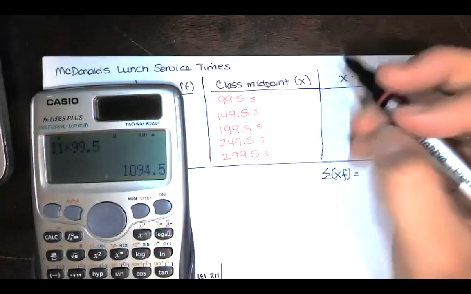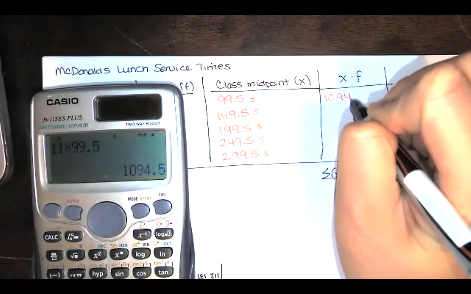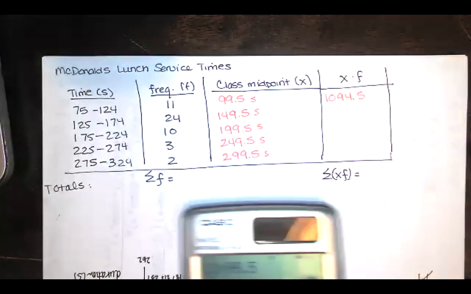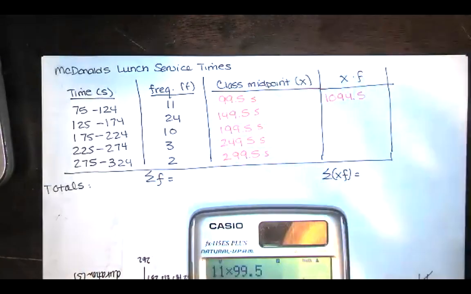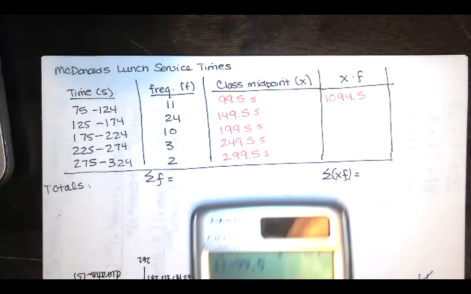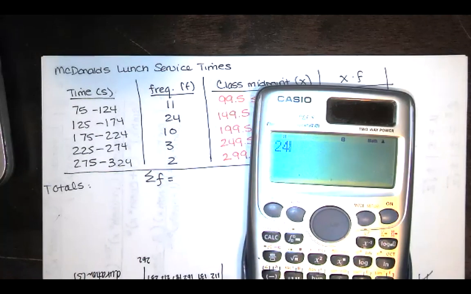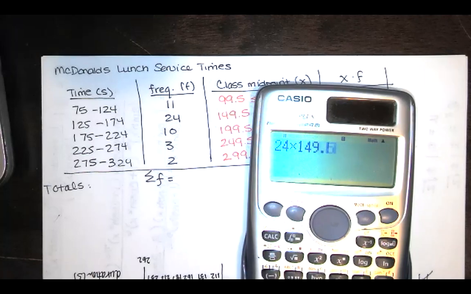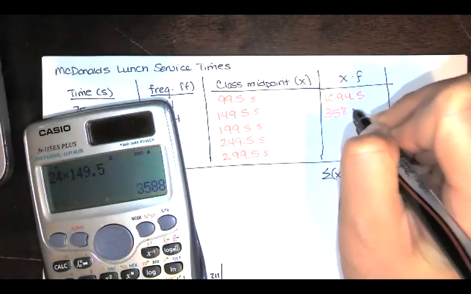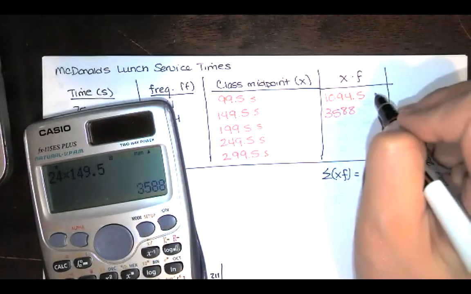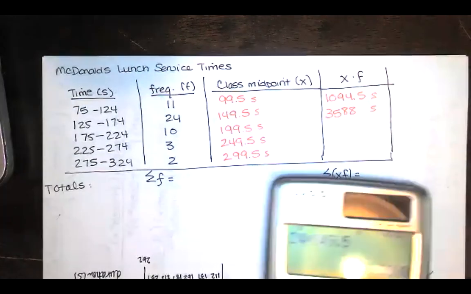This is 1,094.5. And we'll do the same thing in the next class. These 24 people waited about 149.5 seconds, or were served in about 149.5 seconds. So that's 3,588. And these are all seconds as totals.